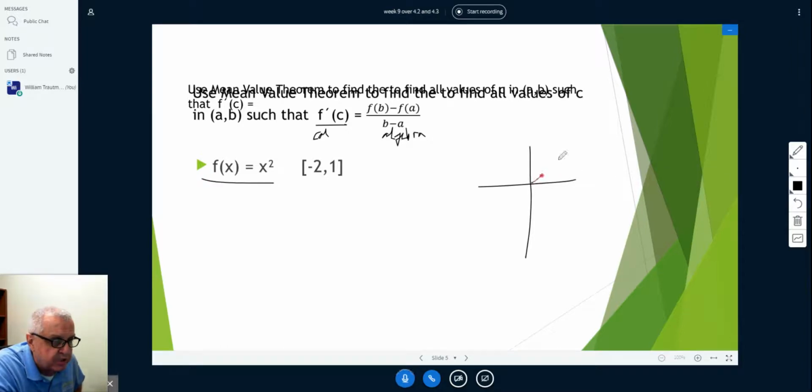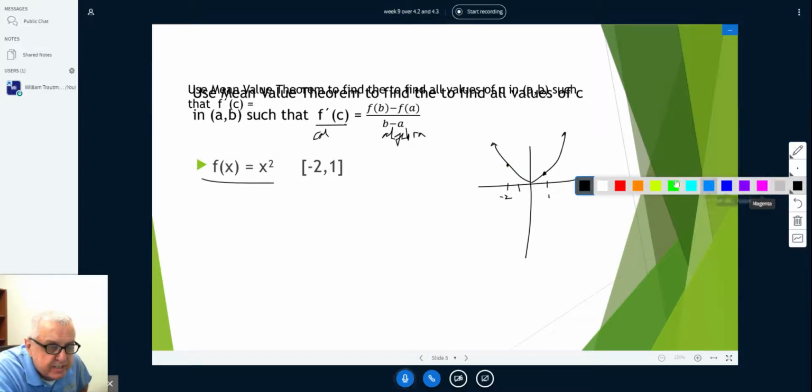X squared looks like this. Parabola. But we're only looking from -2 to 1. So we're only looking at the graph from these 2 points. You can almost erase the rest of the graph.